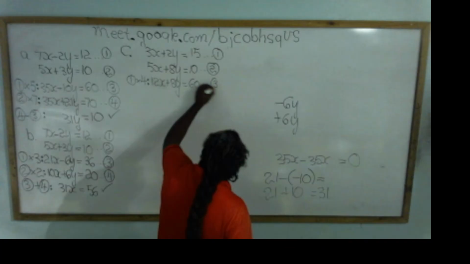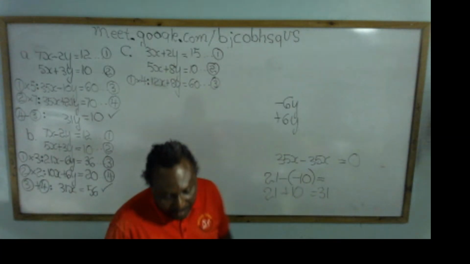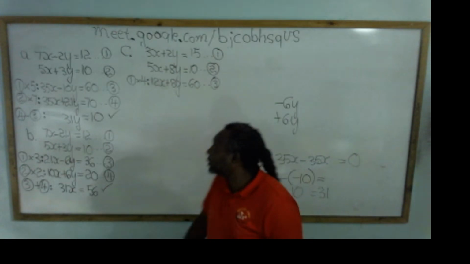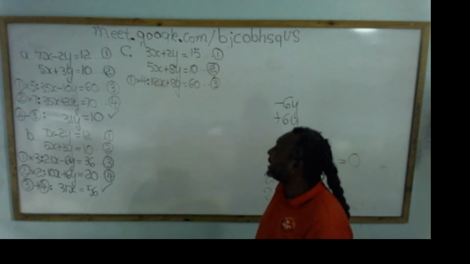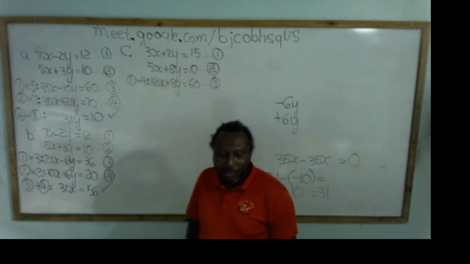Will that work? If I just take one of the equations and multiply by 4, not multiplying the other, will that work?